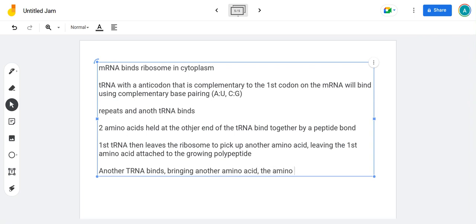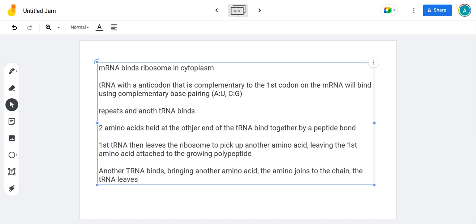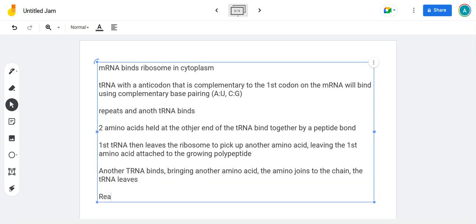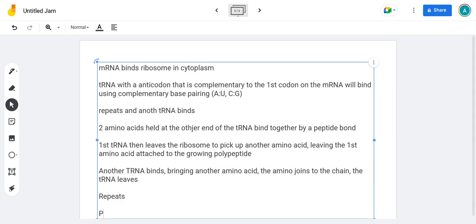The amino acid joins to the chain. The tRNA leaves, and it repeats over and over and over again until you've got your finished polypeptide, and finally the polypeptide folds into a protein. Alright, and that's how we make a protein.